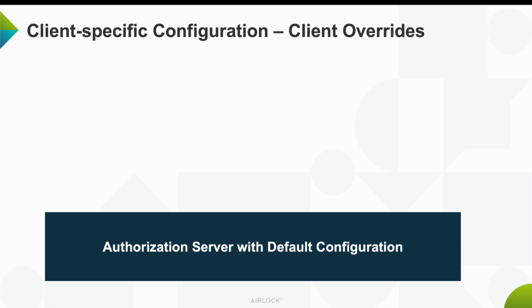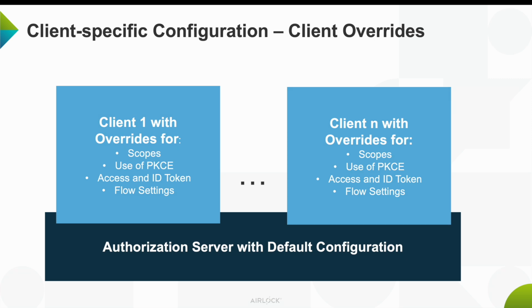What I'm showing here is an authorization server with all of its default configuration. So basically, this authorization server has everything in it, what the access token looks like, the ID token, what kind of scopes are permitted, and so forth. Now, the new thing is client-specific, so on the static client, you can configure overrides for scopes, PKCE, tokens, and flow settings.